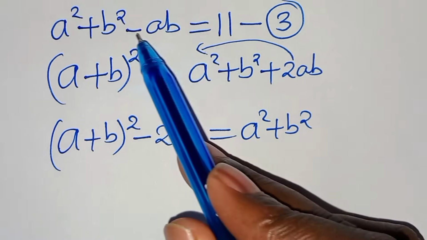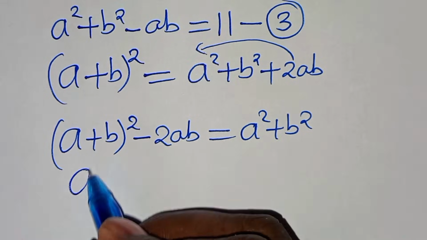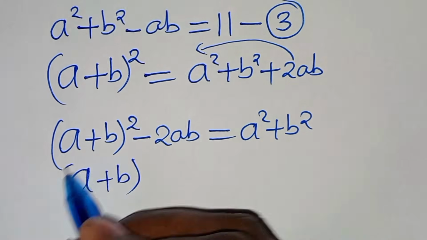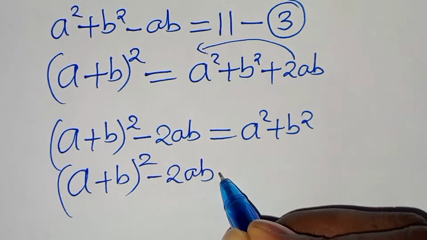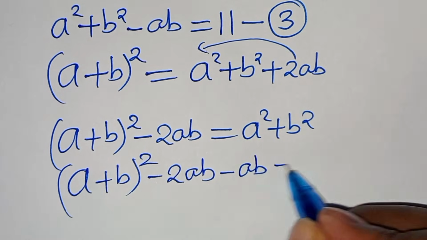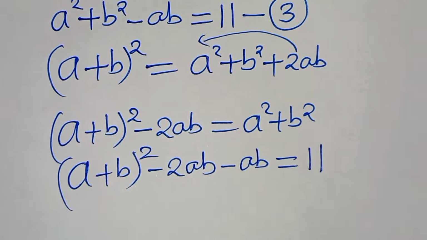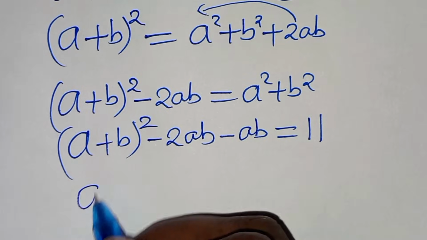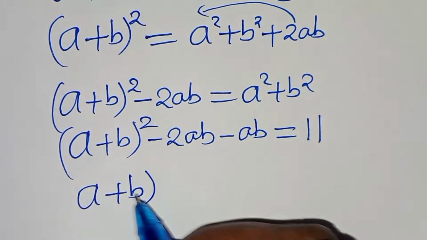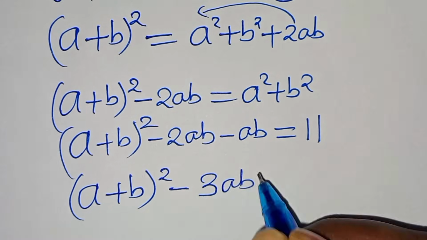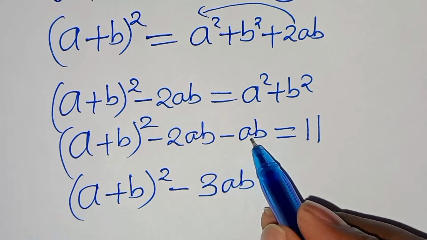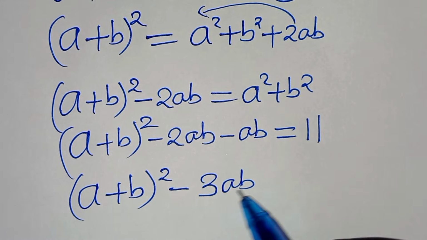Now, let's substitute into equation 3, so that we have a plus b raised to the power of 2, subtract 2ab, minus a times b. This is equal to 11. So we have a plus b raised to the power of 2, then subtract 3ab, that is minus 2ab, minus ab, this is minus 3ab.